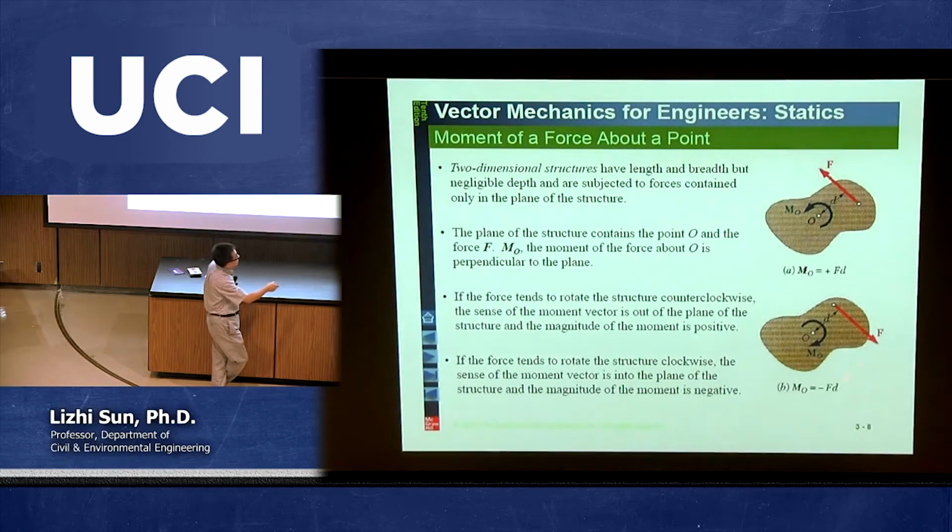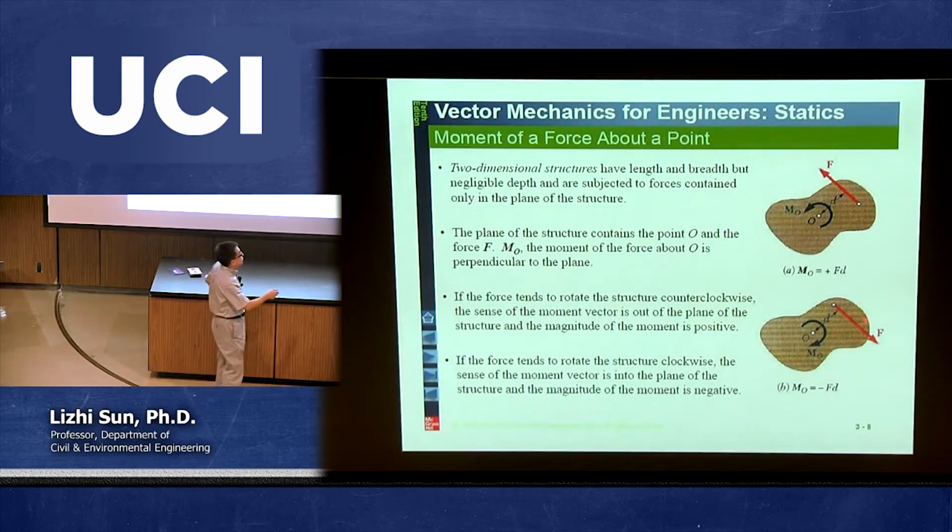So what is F? That's the magnitude of this force vector. You can figure out the magnitude and multiply d, which is the shorter distance from this point to the force line. So this is the force line. From this point to the force line, that's a shorter distance with a 90 degree. That's called d. F times d together form the magnitude of the moment.